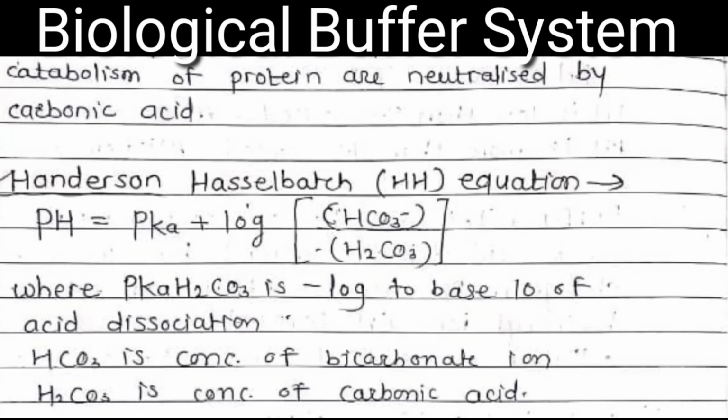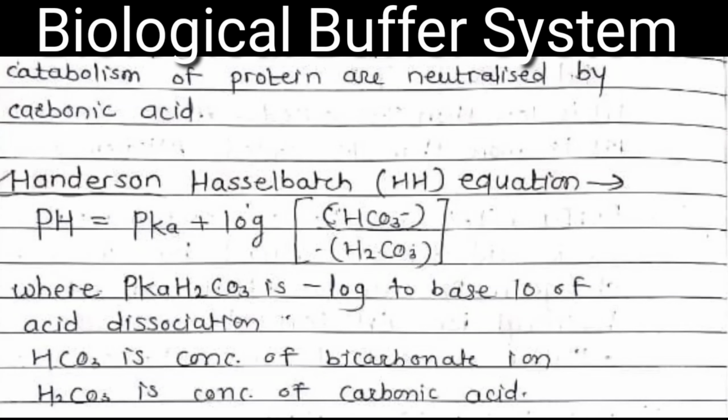Now, there's an equation to deal with this case called the Henderson-Hasselbalch equation. Hopefully you already know this equation, but I'm giving you the theoretical portion. Here, pH is equal to pKa plus log of the HCO3 minus concentration upon the H2CO3 concentration. Here, pKa is the negative logarithm to the base 10 of the acid dissociation constant.